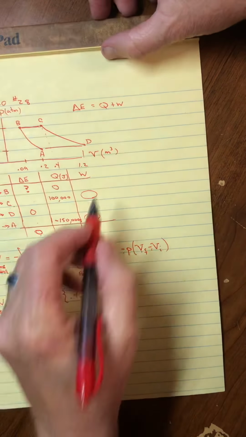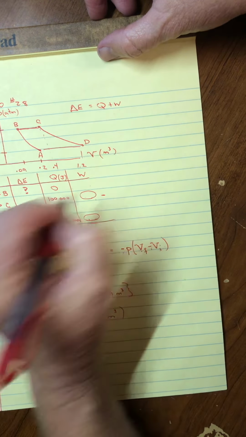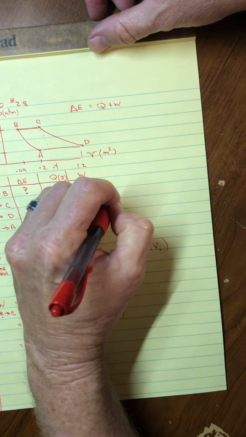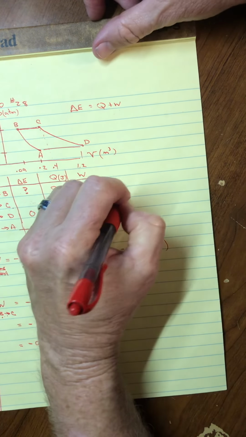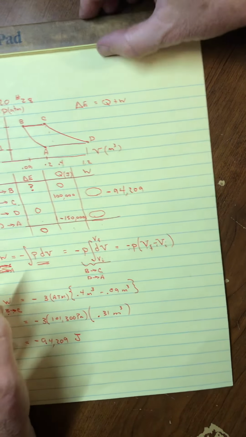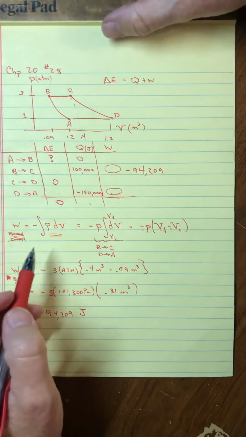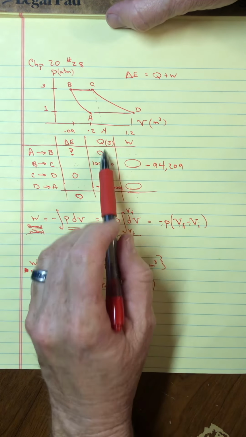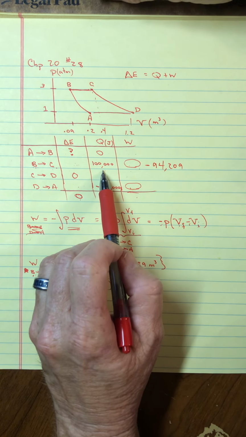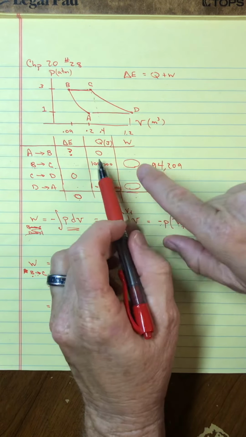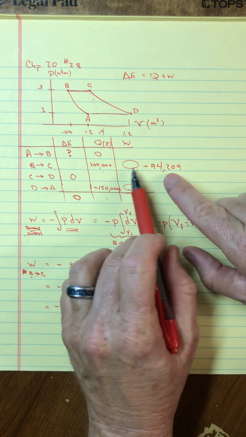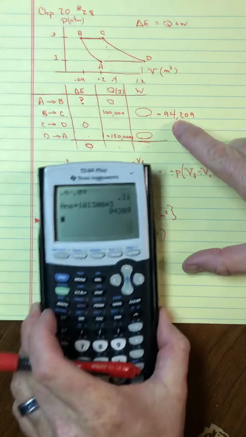And let me put that in my chart up here. So this is negative 94,209 joules. So you hopefully can see how we're adding heat, a lot of heat energy, and as it expands, it's losing a lot of that energy. Not quite all 100,000, but pretty darn close.